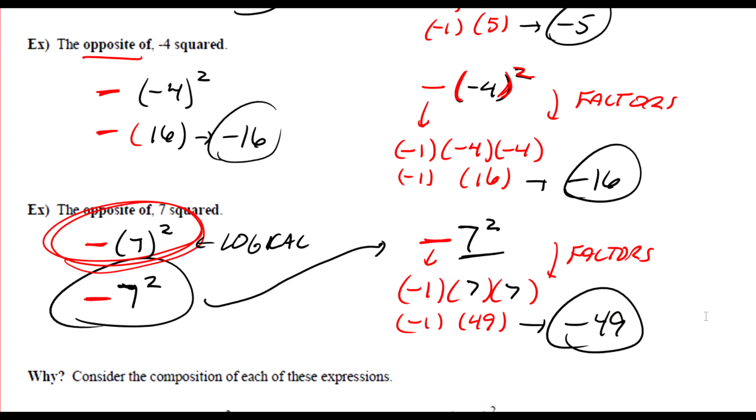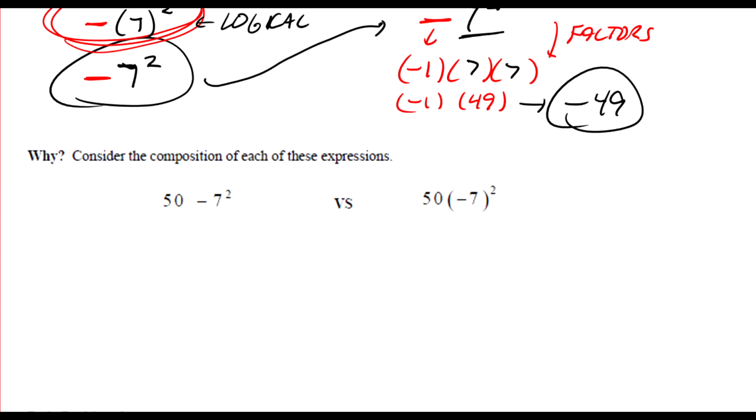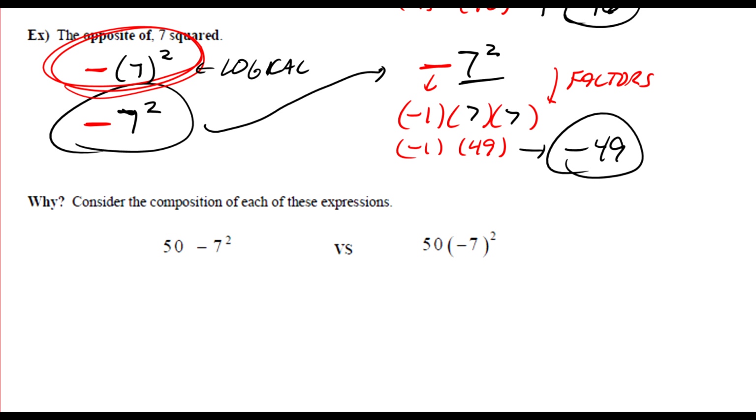Now, the reason why we do that is because if we see these types of things in an expression, we need to be able to identify terms and factors. So very quickly, the first expression here has two terms. The first term has a value of 50.